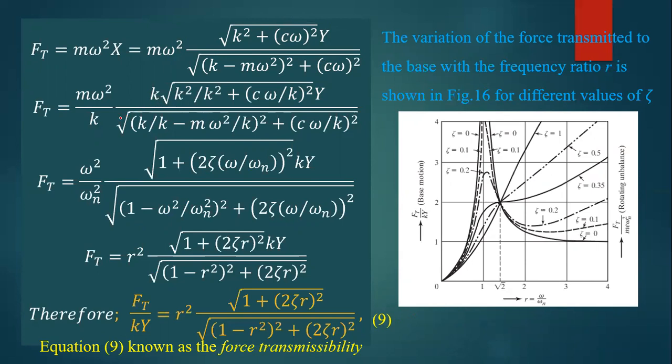From that, what we did here is we simply take out k from this equation. If k comes out from here, again k comes out from here. One of the k's is related to the mass and this term, because we need that omega n. Omega over omega n: m over k is 1 over omega n square.